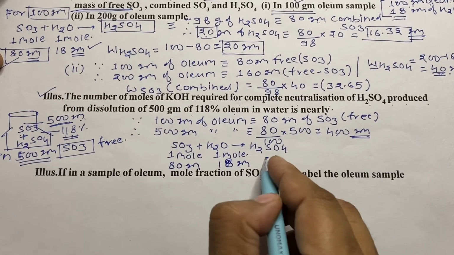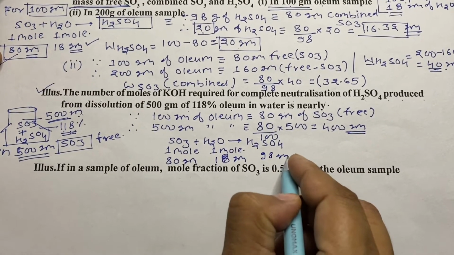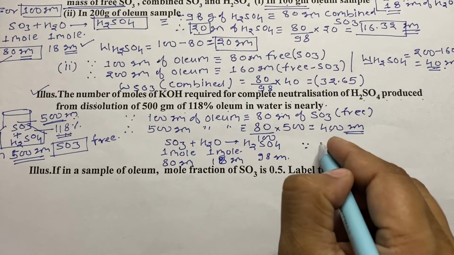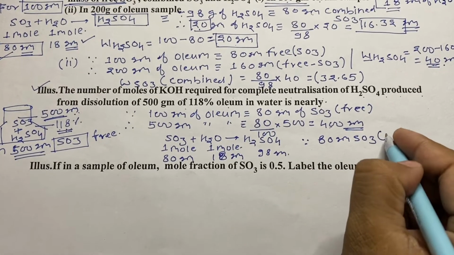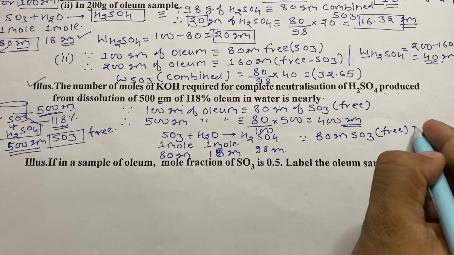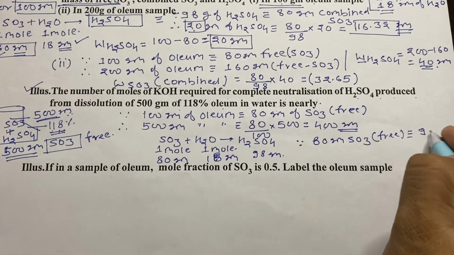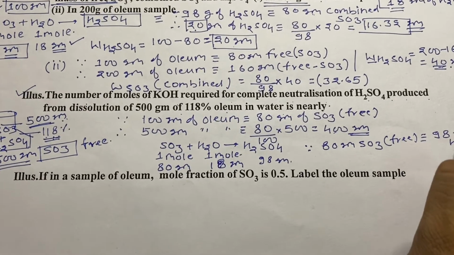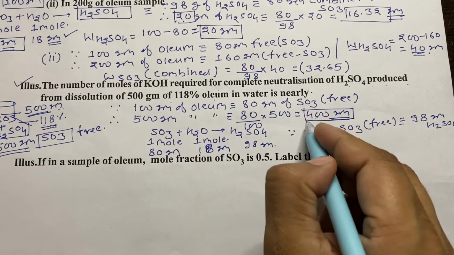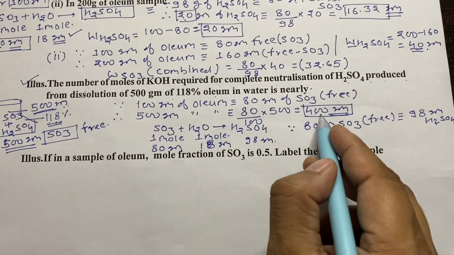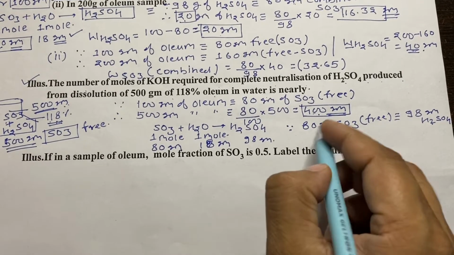And it will be 98 gram. Since for 80 gram of free SO3 we get 98 gram of H2SO4, we can calculate the amount of H2SO4 for 400 gram of free SO3.